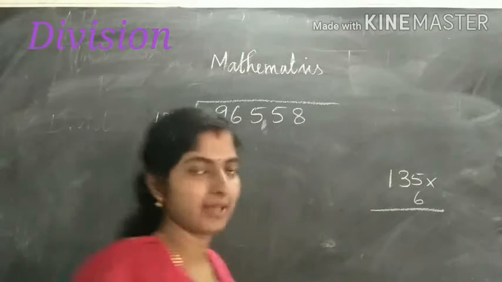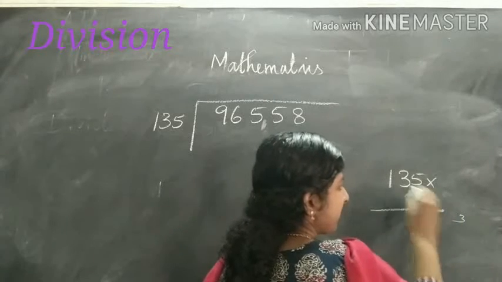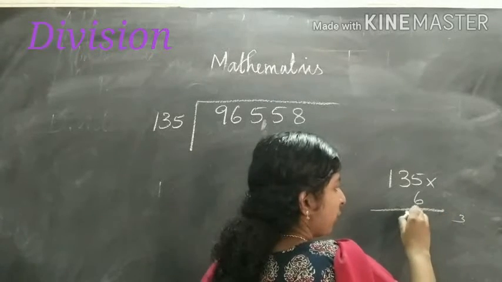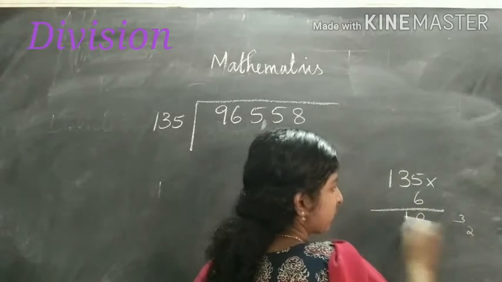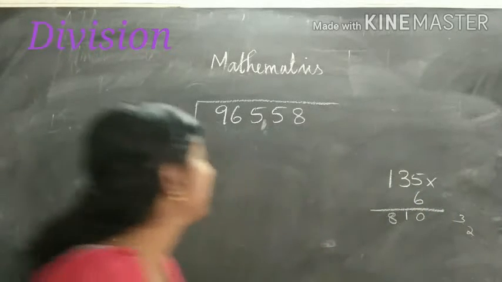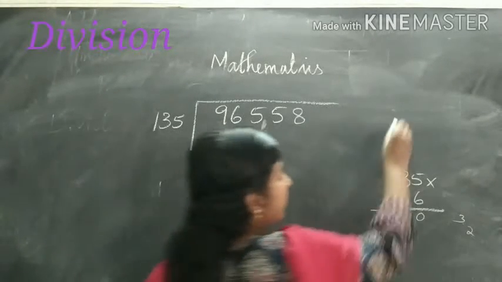What is the answer? See, 6 5s are 30, 0, 3 balance. 6 3s are 18, 18 plus 3, 21. 1, 2 balance. 6 1s are 6. 6 plus 2, 8. 810. Here 965. One more number.